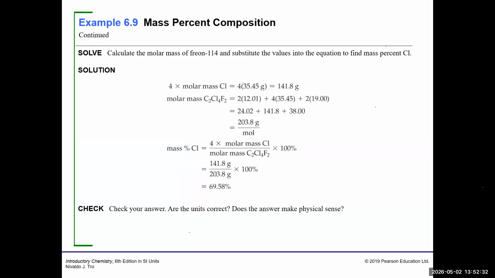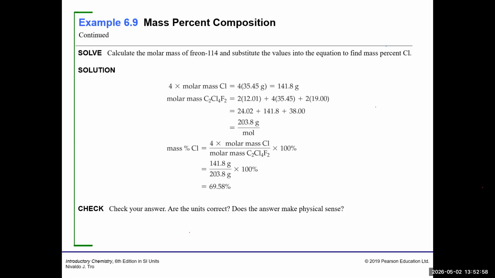So 4 times molar mass of chlorine. The molar mass of chlorine is 35.45 grams. If you multiply by 4, you have 141.8 grams. Molar mass of Freon: carbon is 12.01, multiply by 2.